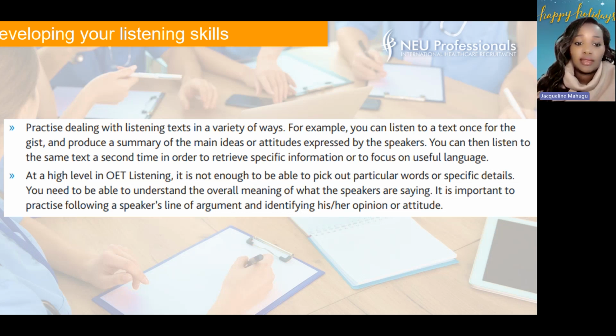You need to be able to understand the overall meaning of what the speakers are saying. That's what we just said, listening for gist. And it's important to practice following a speaker's line of argument and identifying his or her opinion or attitude. That is why you need to practice listening a lot so that you are able to understand overall meaning.